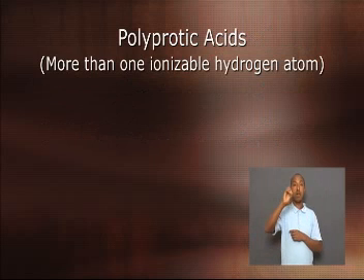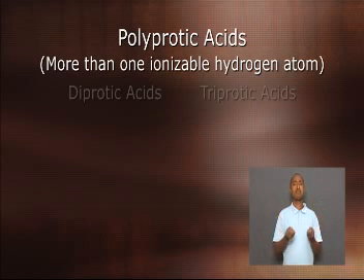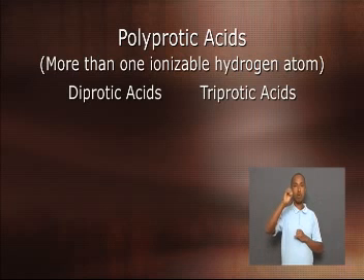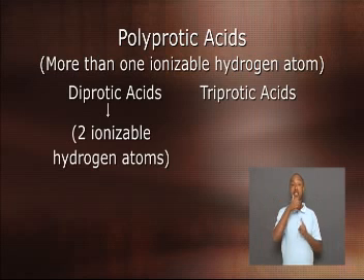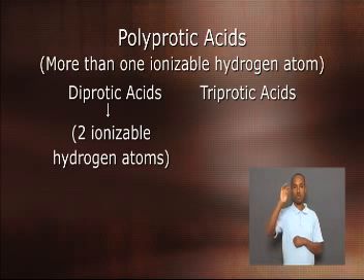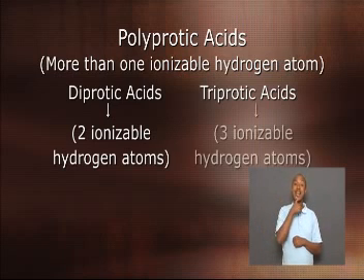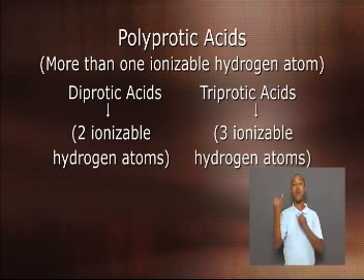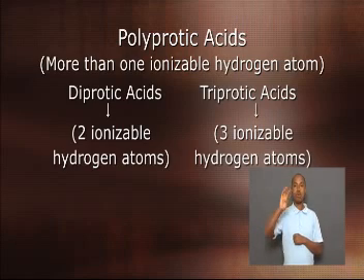Polyprotic acids can be further classified as diprotic and triprotic acids. Acids that contain two ionizable hydrogen atoms, such as sulfuric acid, hydrosulfuric acid, and carbonic acid, are called diprotic acids. Acids that contain three ionizable hydrogen atoms, such as phosphoric acid, are called triprotic acids.